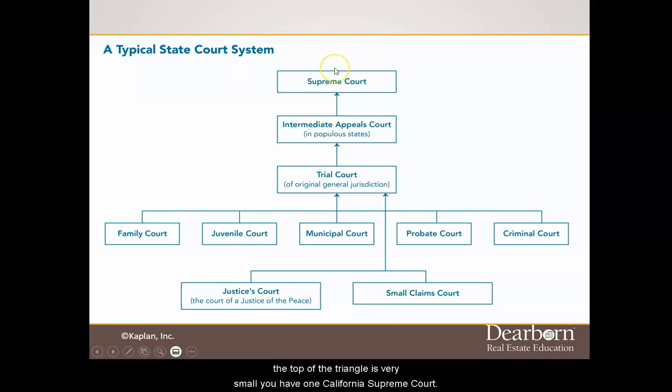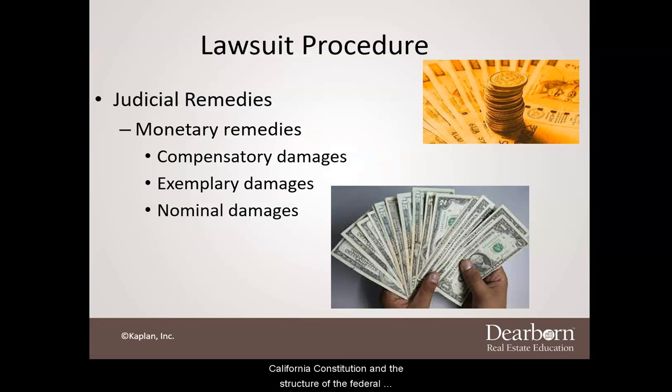You have 1 California Supreme Court, and then it's wider at the bottom because you have more family courts, more small claims courts, more criminal courts. It's structured very similarly to the federal courts, and this is all laid out in each constitution. So the structure of the state court system is laid out in the California Constitution, and the structure of the federal court system in the U.S. Constitution.